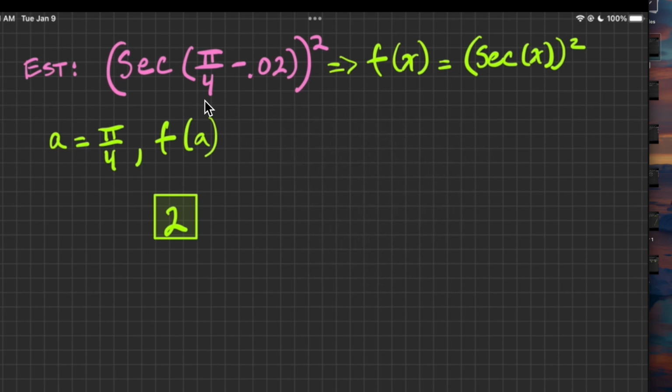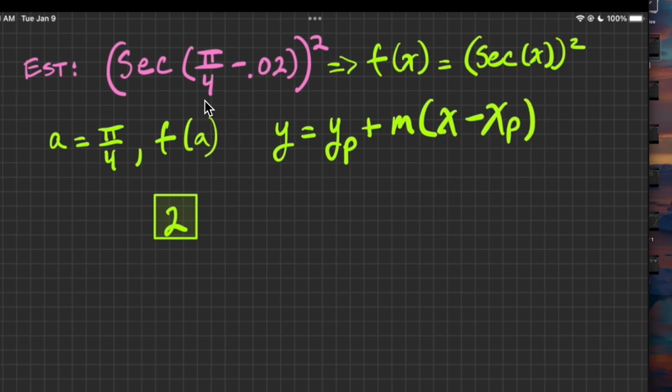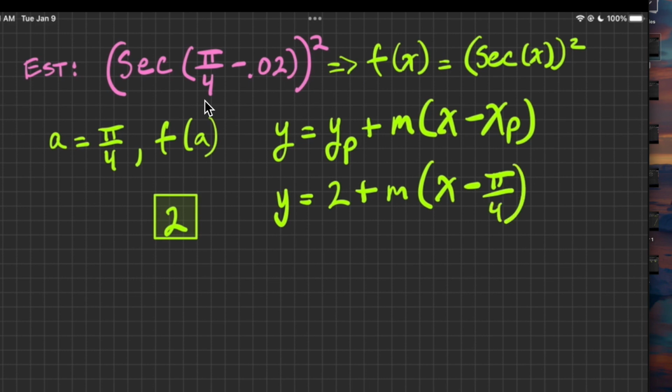Let's go ahead and start building our equation of L of x. We're going to have y equals the y value of our point plus m times x minus the x value of our point. Y equals 2, that's the y value of our point, plus m, we don't have that yet, times x minus pi over 4.